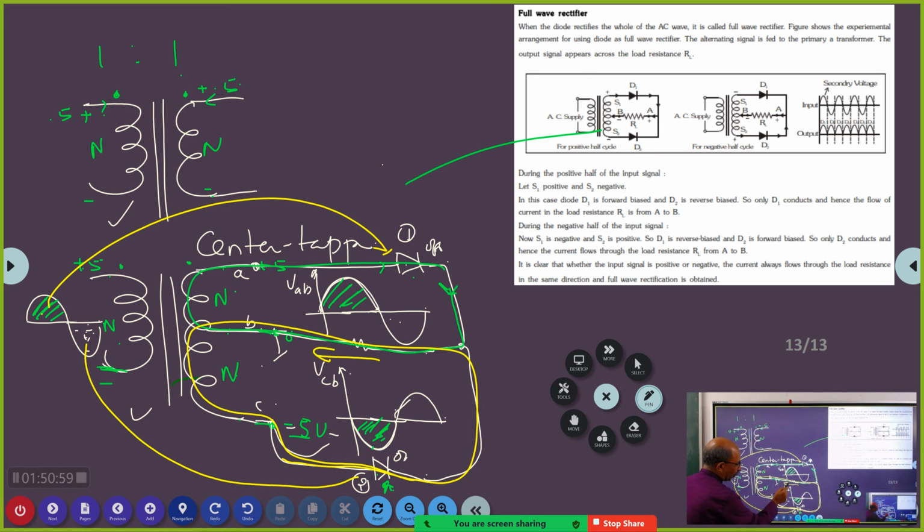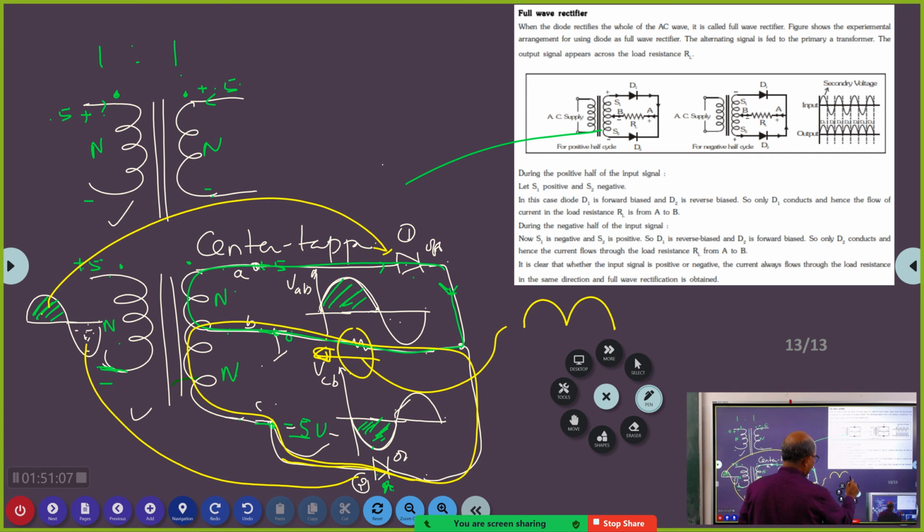But the current in this load will always be in this direction. So the voltage across this resistor will be again like this. So this is another type of full wave rectifier. In this case, we are using what is called a center tapped transformer. Correct?